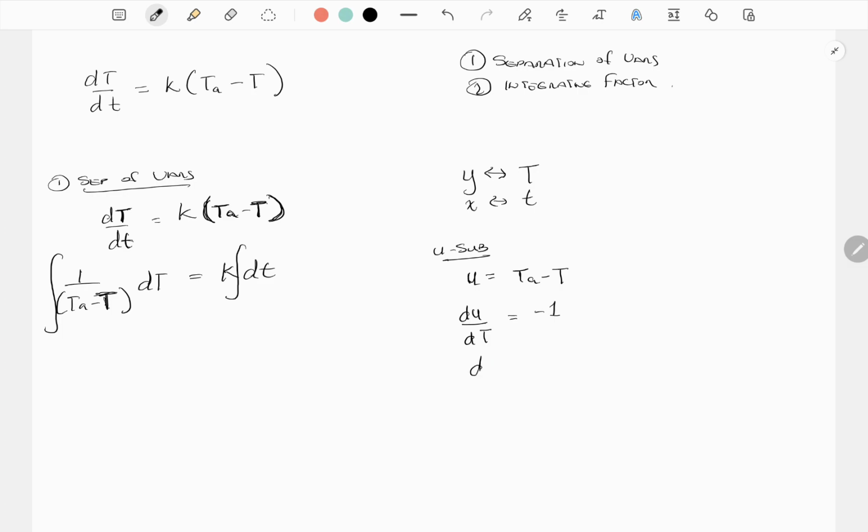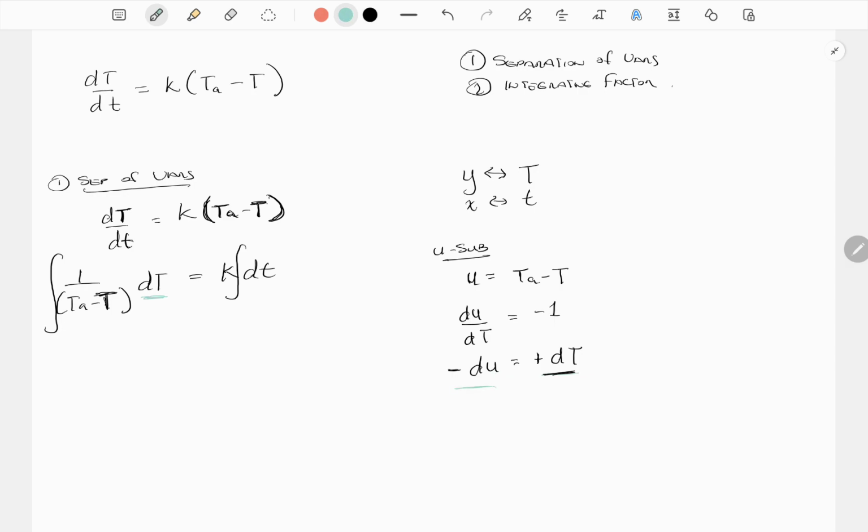And so du is negative dT. Now, when we look at our equation, we have a dT here. We have a negative dT here. So what we need to do is put the negative here and there. So we have a positive dT now, and that is going to be replaced with a negative du.